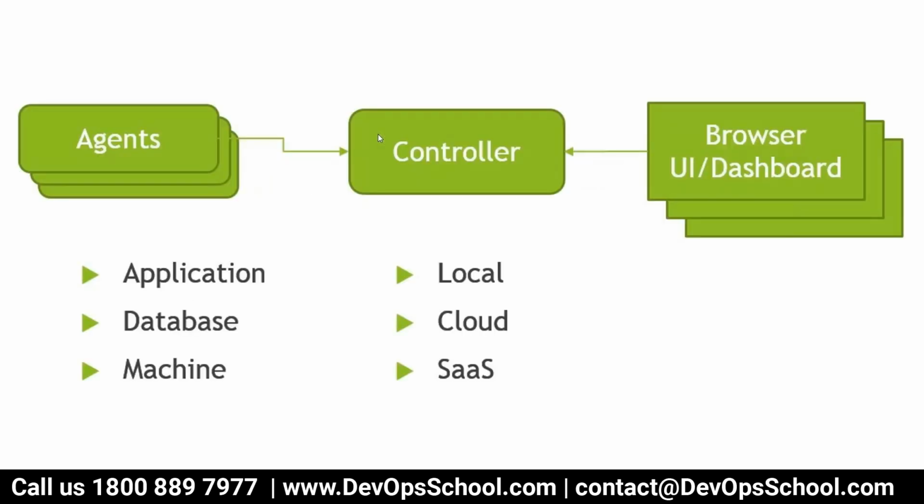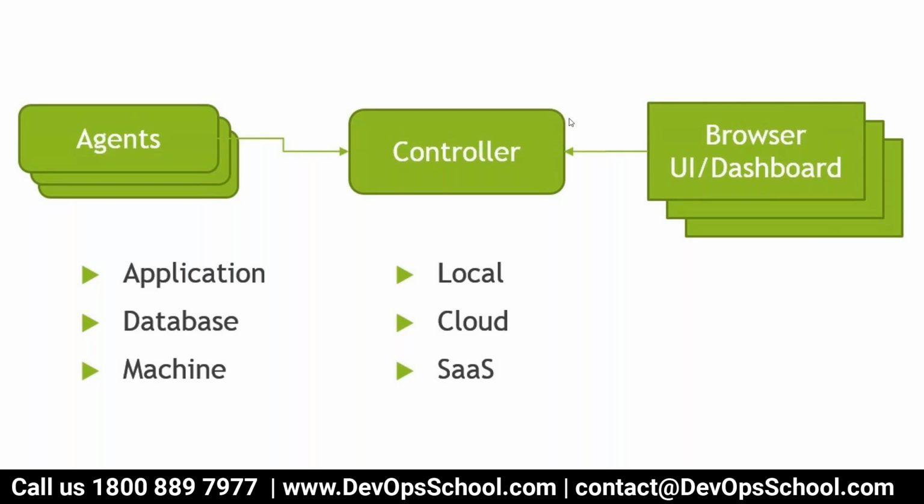So now if you see in this image, you can see the different types of agents. Yeah. So if you remember, in Dynatrace there was one agent for everything, but in AppDynamics we have multiple agents for different work. For example, if you want the infrastructure data, then you have to go for the machine agent.